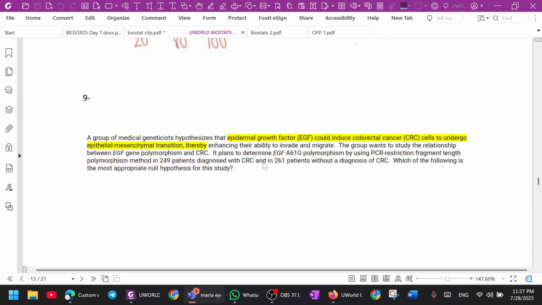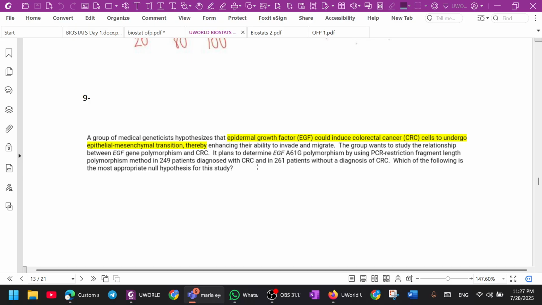In the study design chart, if we go from outcome to exposure, that one. So this is outcome. Colorectal cancer is the outcome, isn't it? And from the outcome, we will now look for the exposure.